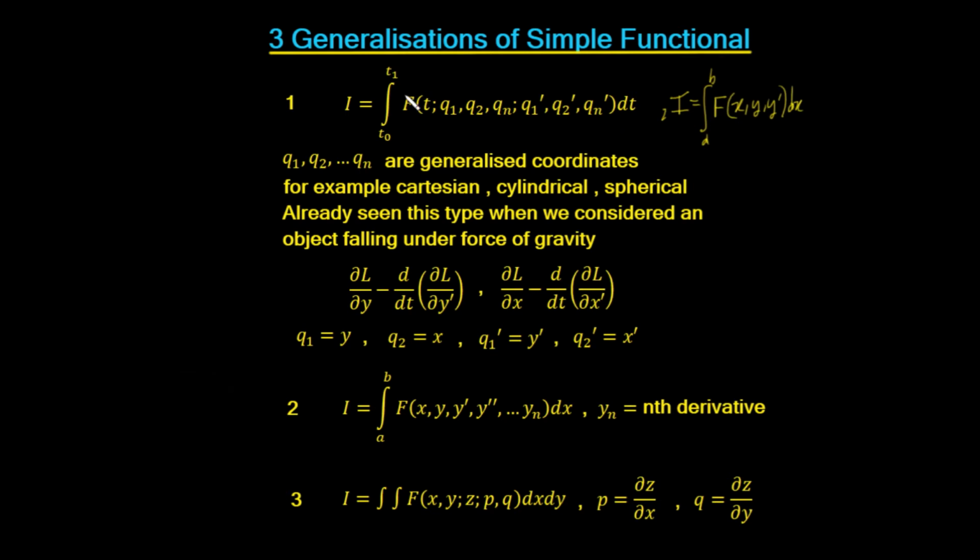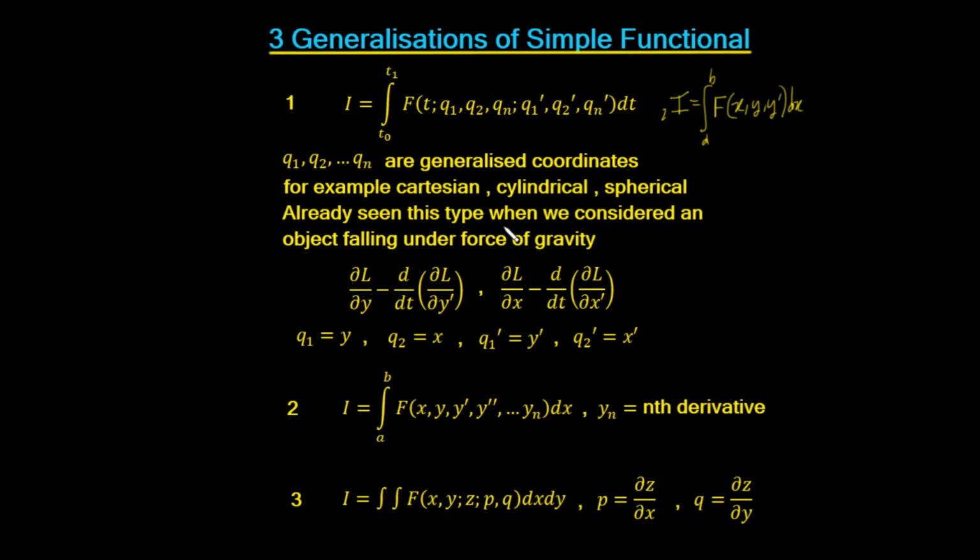We've actually already seen this type of generalisation to the functional in the first course, when we looked at the equations of motion of an object falling under the force of gravity.